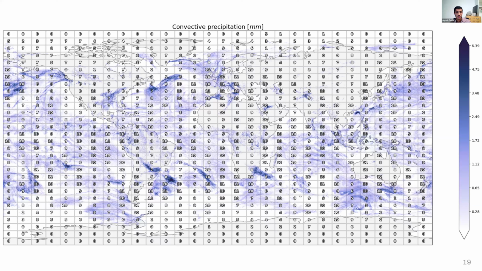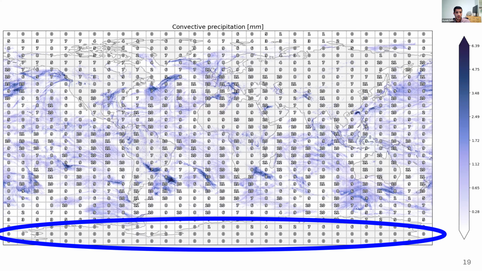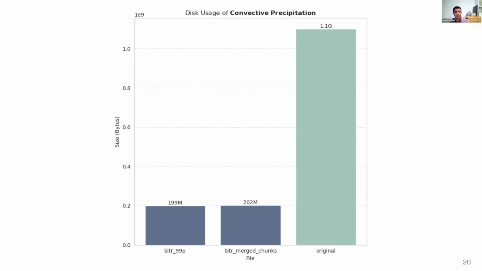And with the chunking, it reveals a diverse range of key bits values, with some chunks having no key bits, while others store as many as 12. The compression of the bit-rounded chunks gives similar results to compressing the dataset as a whole. And the chunking strategy proves advantageous by preserving high resolution and high precision where it is needed.